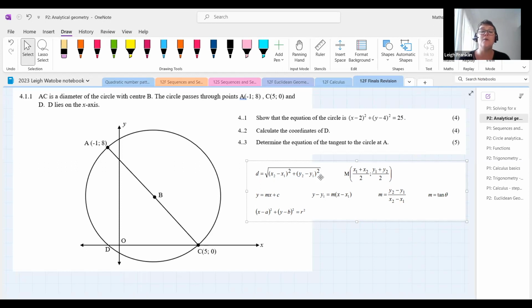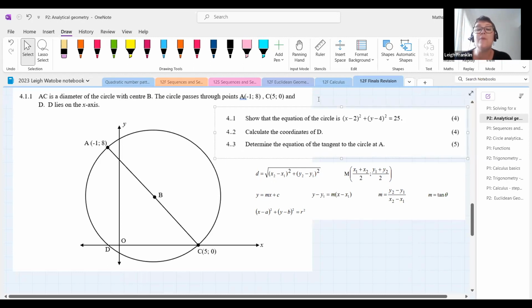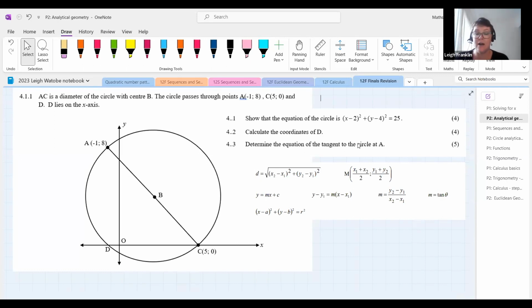The first thing that they want us to do is show that the equation of the circle is x minus 2 squared plus y minus 4 squared is equal to 25.